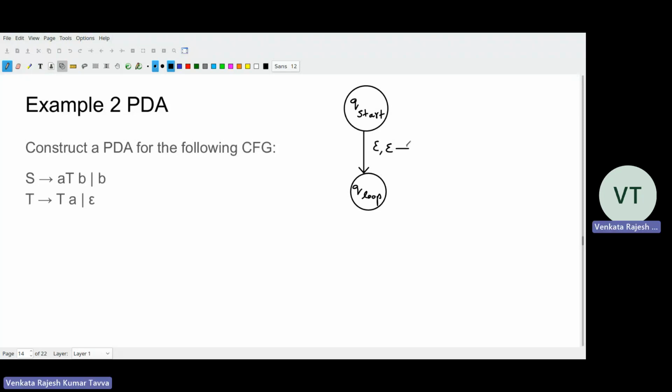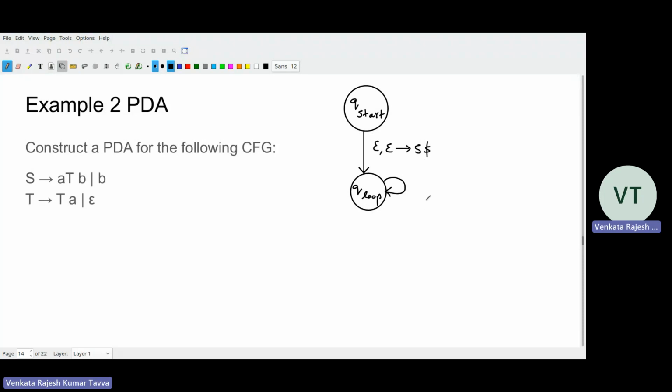Epsilon comma epsilon goes to S dollar, which means you are pushing dollar first and then S. It's not always necessarily S dollar. Here S is the start symbol of the grammar. So in case some other symbol is used for the start symbol of the grammar, you should use that. Don't just blindly use S dollar always.